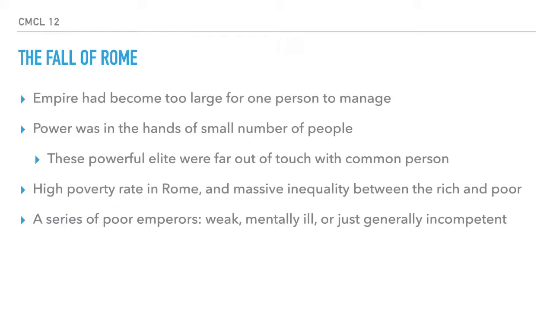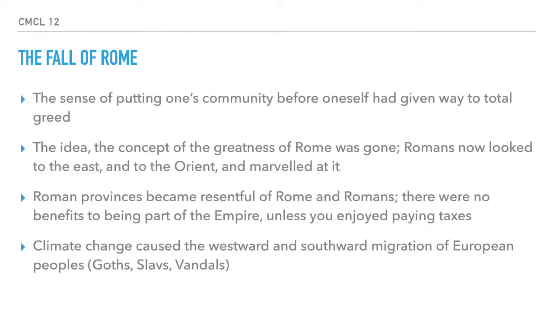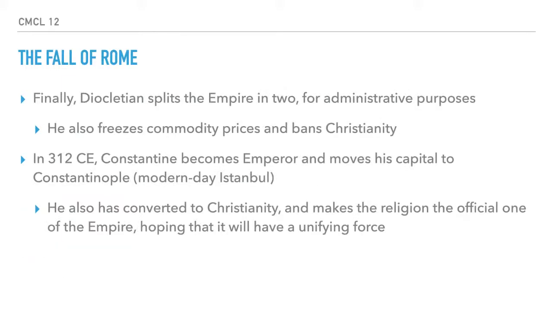And again, we have a series of poor, and not poor, but weak or mentally ill or inferior emperors. I'm just going to jump ahead a little bit. And finally, what happens is that Diocletian, who's an emperor, will split the empire in two, a Western and an Eastern empire.